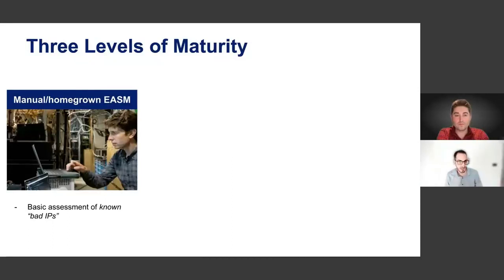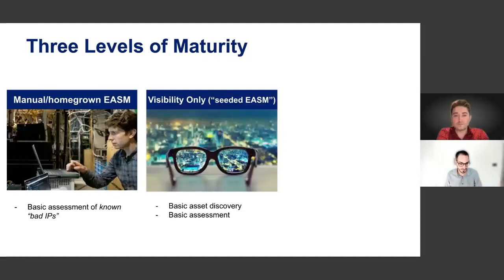For example, there's no way for this approach to find that marketing website that is exposing my top customers' credentials and financial information. And in a sense, approach number one, or maturity level number one, is the 5-7 years, 10 years old approach to external attack surface management.